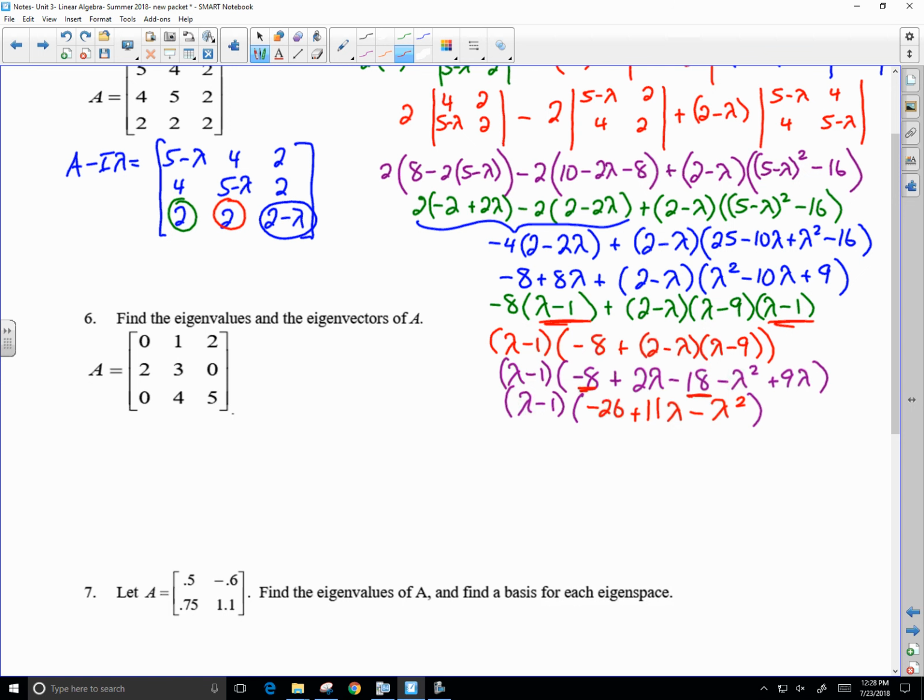So anyway, negative lambda minus 1, lambda squared minus 11 lambda plus 26, although it's still not going to work, right? Well, with real numbers anyway.